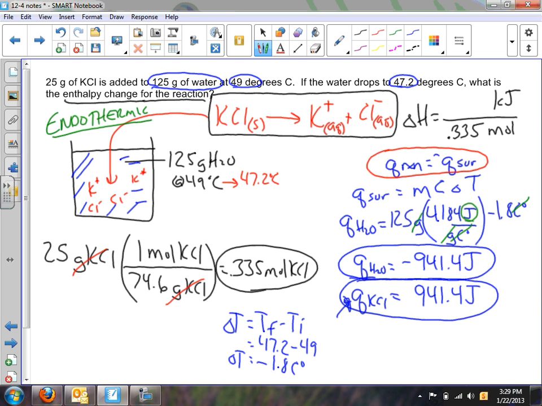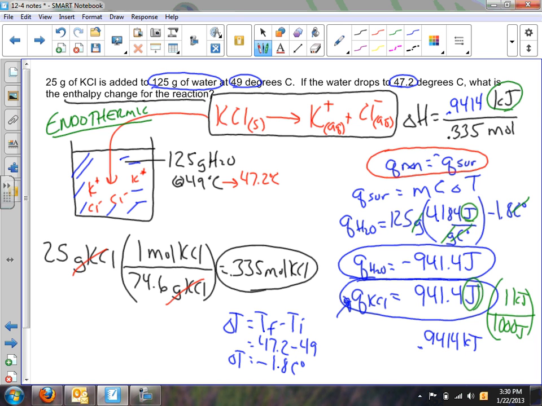However, the units here are in joules, and I want my units in kilojoules, which is no big deal. We know that there's 1,000 joules for every 1 kilojoule. So if you simply divide by 1,000, we get 0.9414 kilojoules. I can plug that in up here, 0.9414.